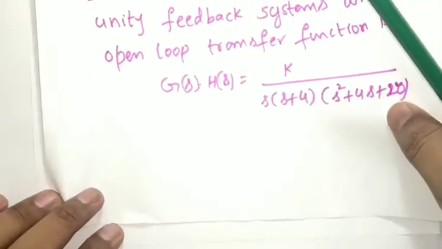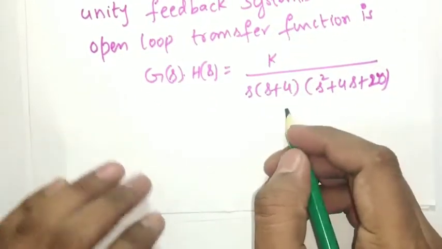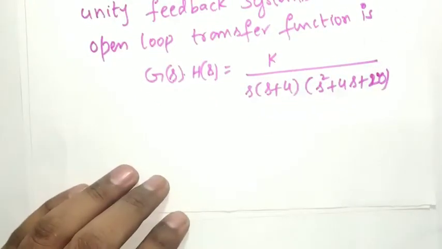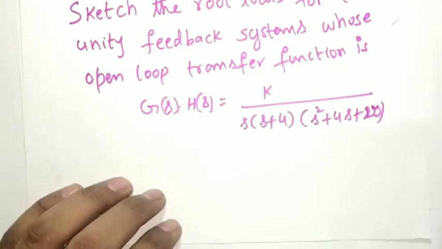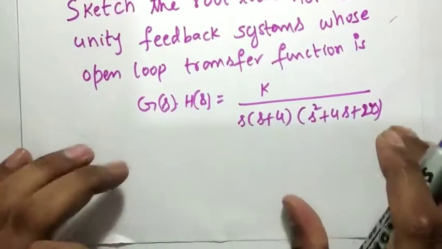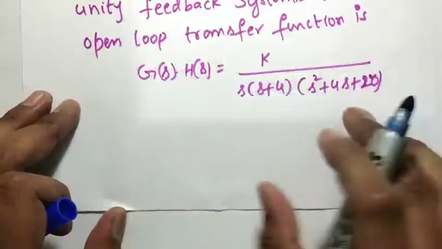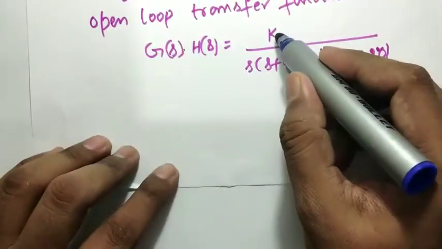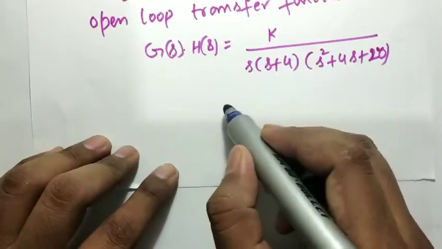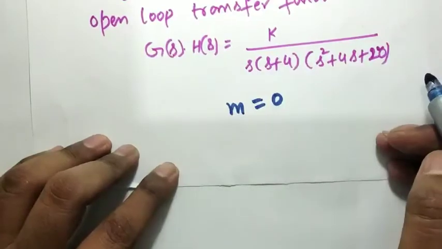You have to find how many poles and zeros are there. In this equation, there are no zeros, so m is equal to 0.